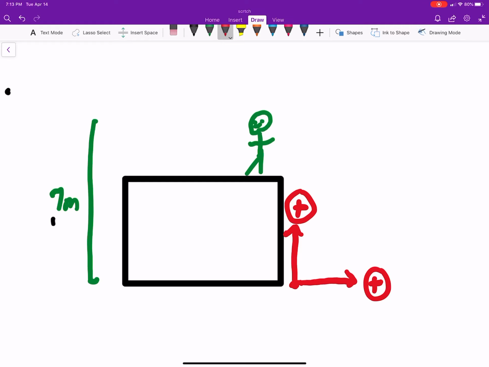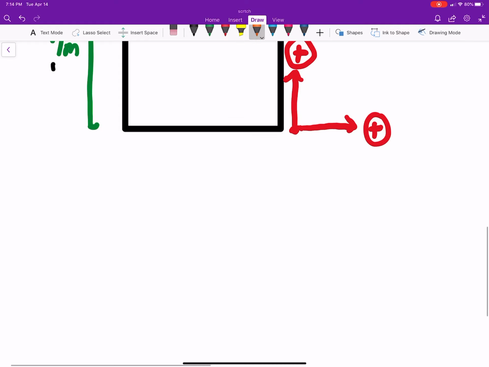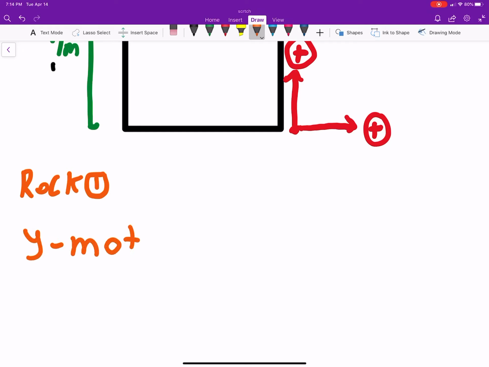Okay, so what I would recommend doing is breaking this up stone by stone, or rock by rock. So for rock 1, there's only Y motion. It's just going up and down. So let's look at Y motion.